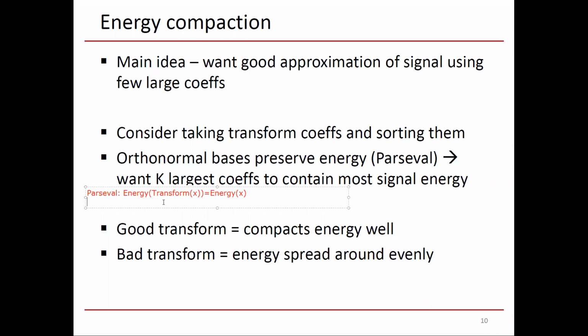So let's see some examples of this. In the Fourier domain, the energy of x is going to be the sum over n going from 1 to N of the squared magnitude of x of n. And the Fourier transform of x, which is often denoted by capital X, at frequency k will be something like the sum over n going from 1 to N of x of n multiplied by the exponent of minus j 2 pi k n over capital N, the length.